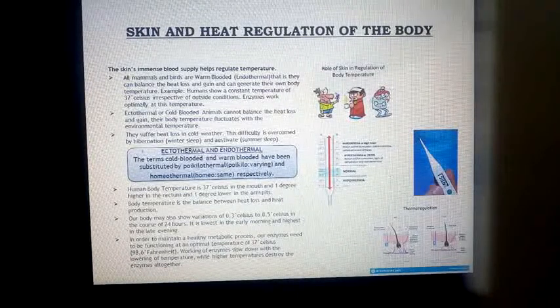In order to maintain healthy metabolic processes, our enzymes need to be functioning at the optimal temperature of 37 degrees Celsius, that is 98.6 degrees Fahrenheit. Working of enzymes slows down with the lowering of temperature, while higher temperatures destroy the enzymes altogether.